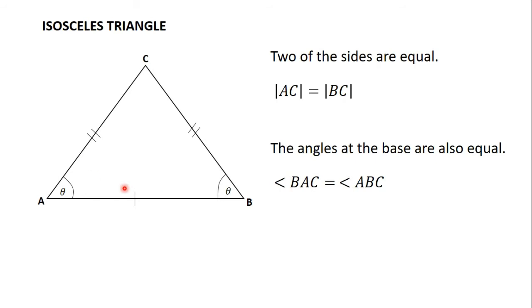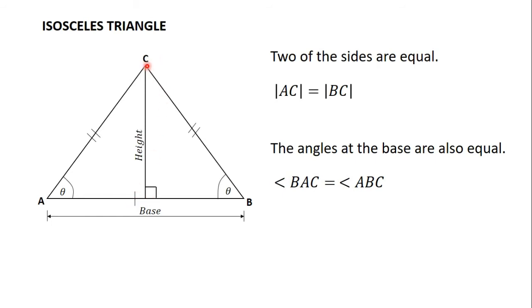We also learned in the previous video that the area of a triangle is equal to half times the base times the height. For this isosceles triangle, the length AB is the base of the triangle. Now, the height of the triangle is the perpendicular distance from C to the base.